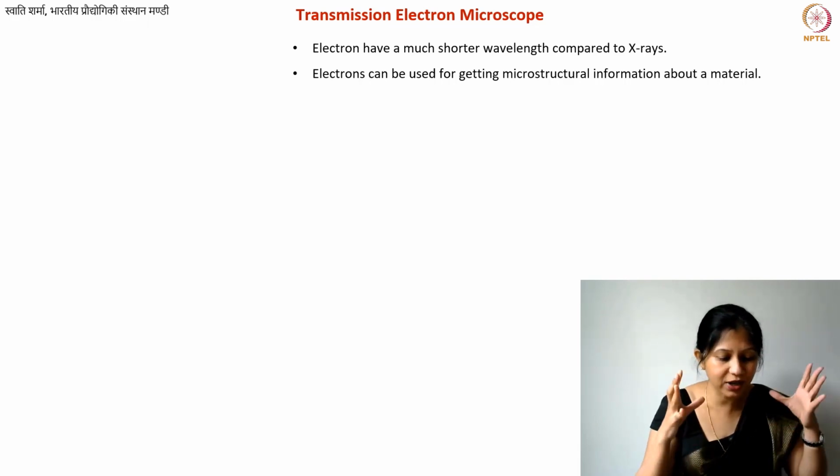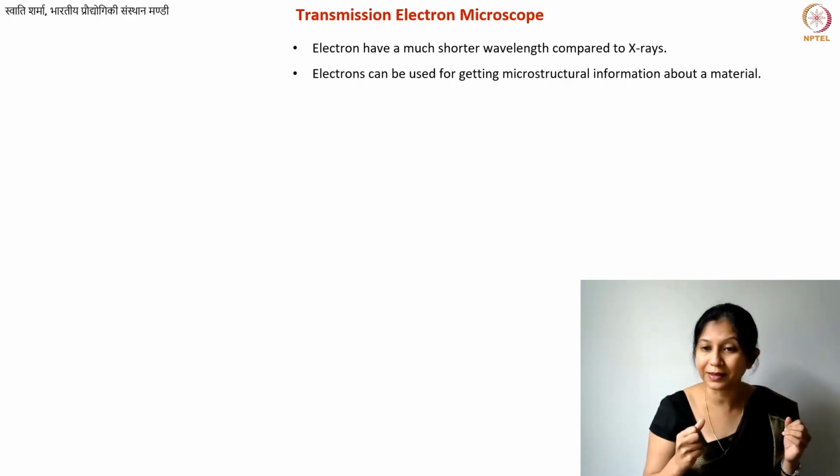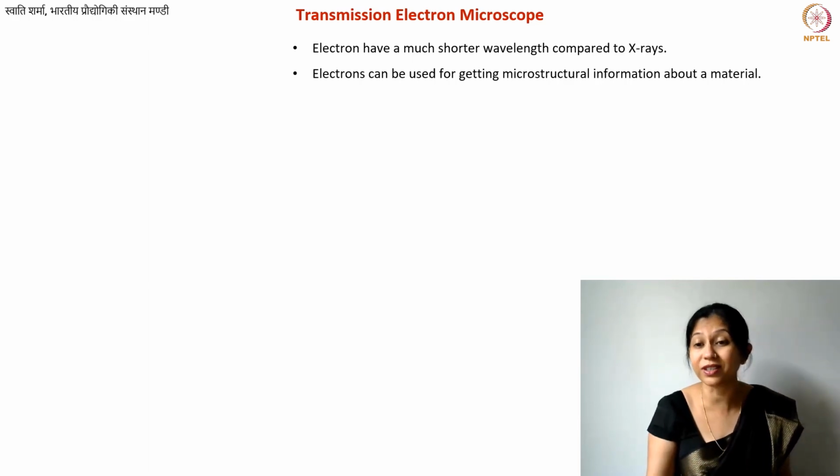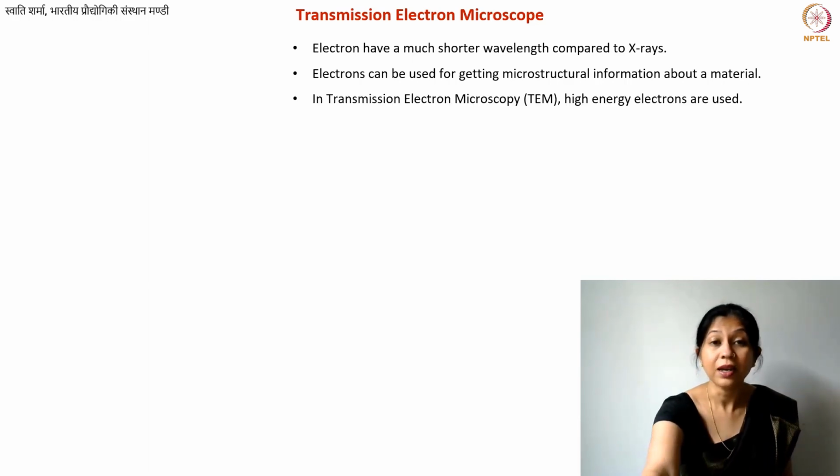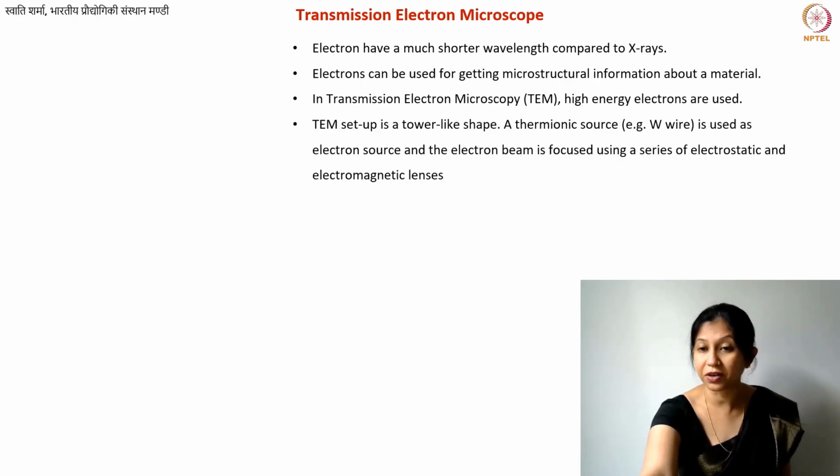So now you can actually visualize all of these things. We are more concerned about the microstructure, not the large scale crystallinity of the material, although we can deduce it from here as well. Only the high energy electrons are used in transmission electron microscopy, as you already saw in the table before.